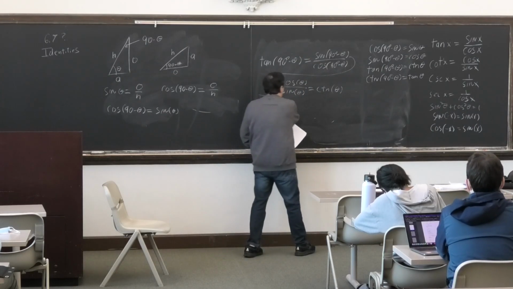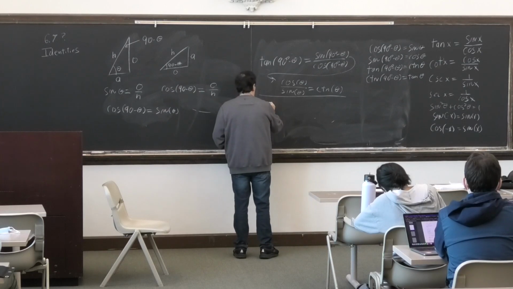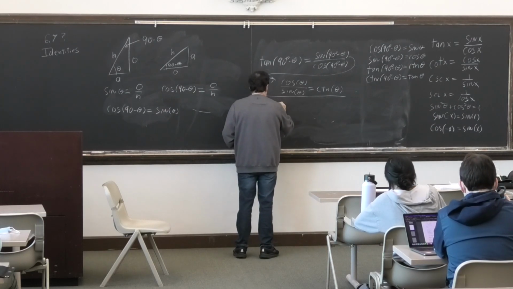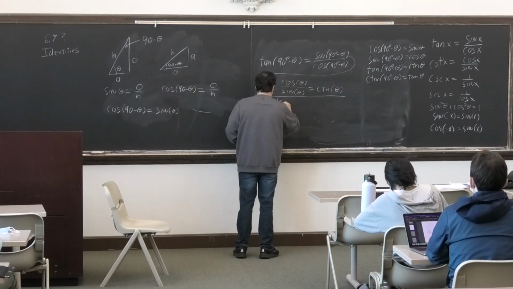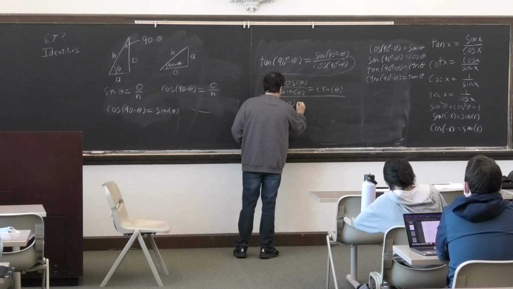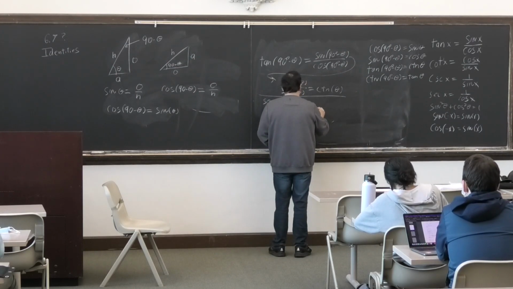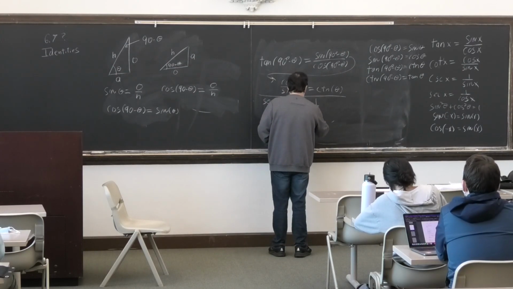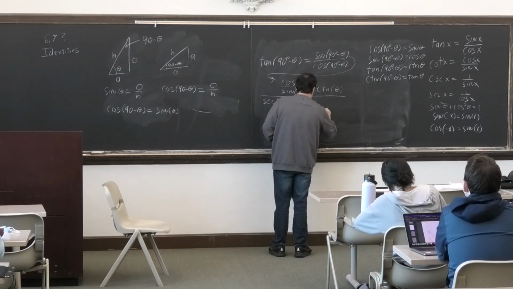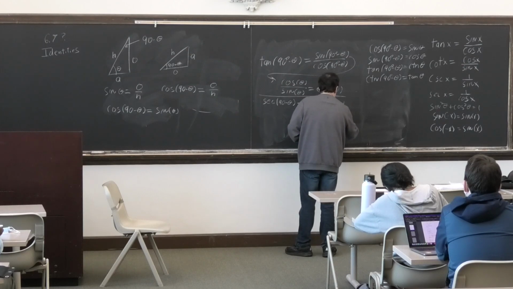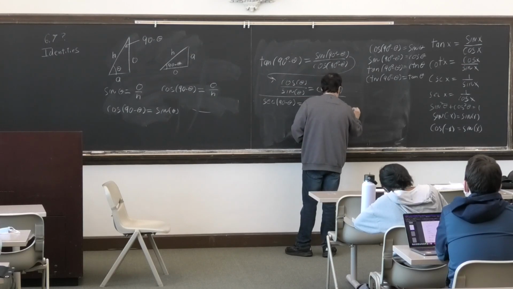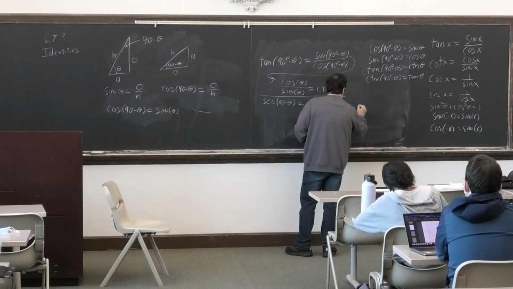We have the same issue with, say, secant. That's going to be 1 over the cosine of 90 minus theta, which is just 1 over the sine of theta, which will be the cosecant of theta.